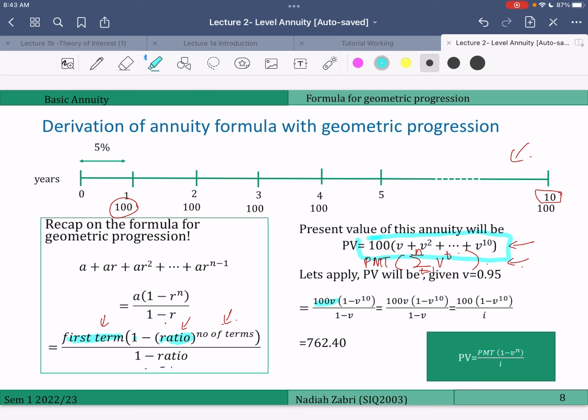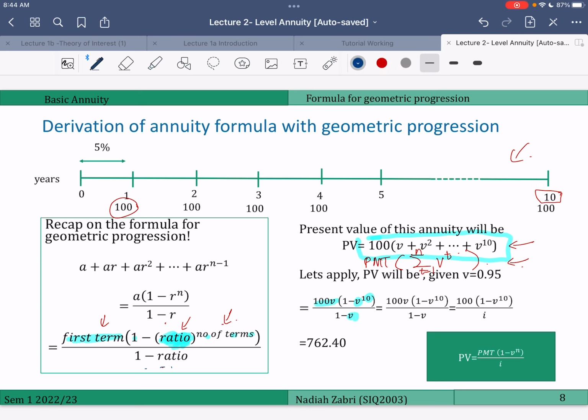That is the common ratio. So 1 minus the common ratio to the power of number of terms. There are 10 terms here. So 1 minus v to the power of 10, where v is the ratio and 10 is the number of terms, and then divide by 1 minus the common ratio.